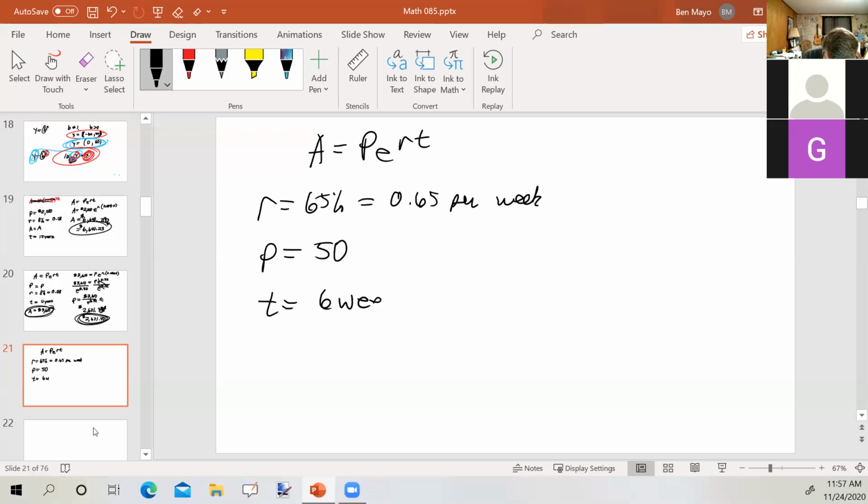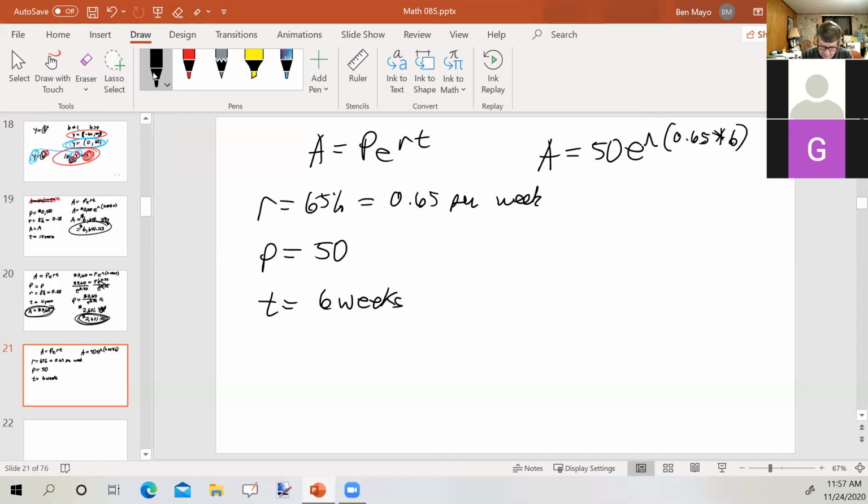Now, because it's giving us the growth rate per week, time is going to be per week. Okay, so the final amount is going to be 50 times e to the 0.65 times 6 weeks. So raised to the power 0.65 times 6.